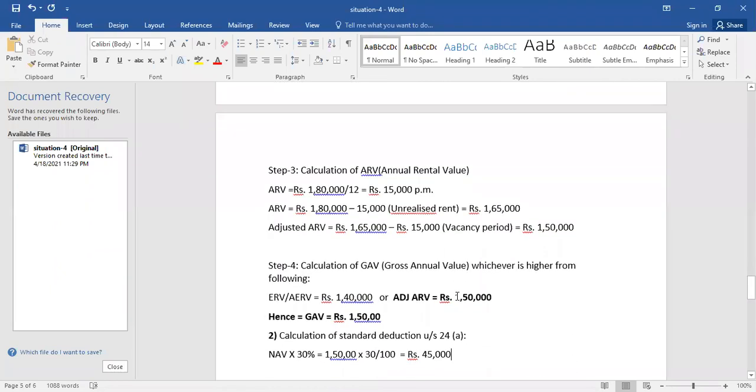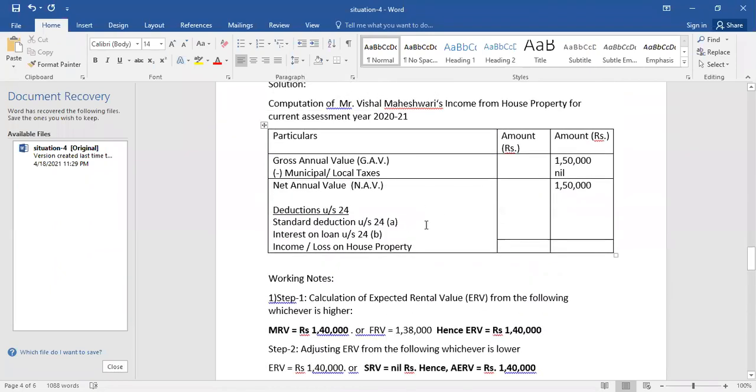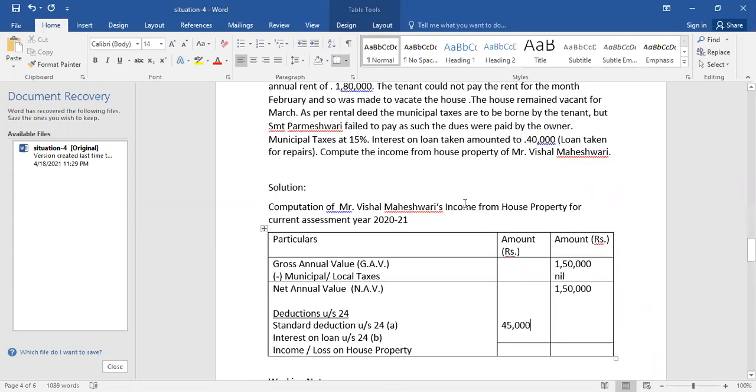Any doubts? Why is there no response? No doubt, sir. So 30% of NAV, 1,50,000 into 30%, becomes 45,000, and the interest on loan is 40,000.